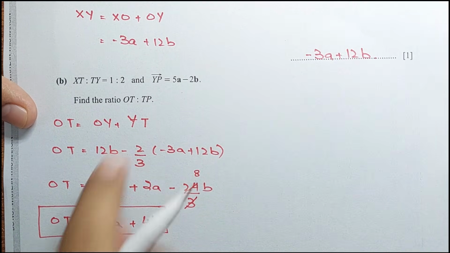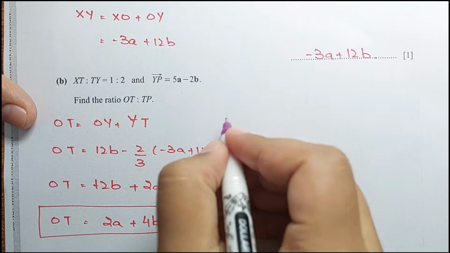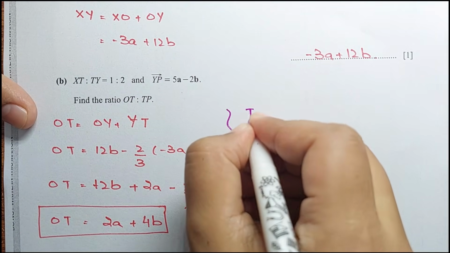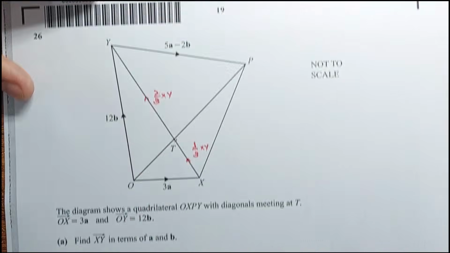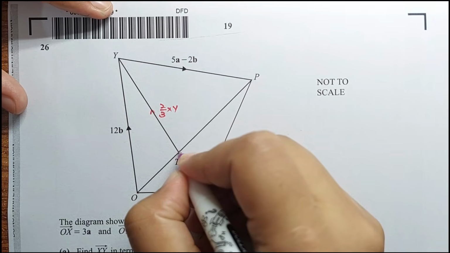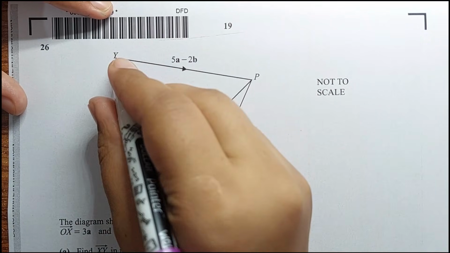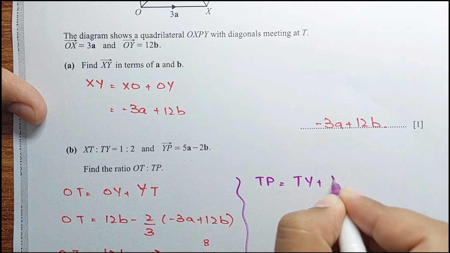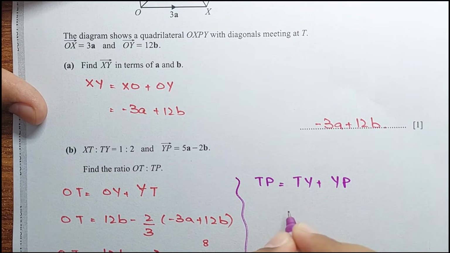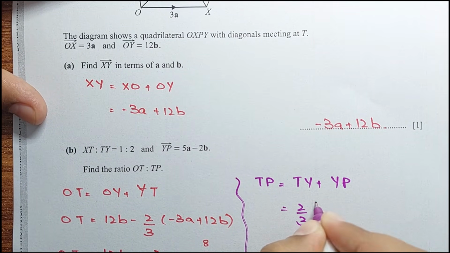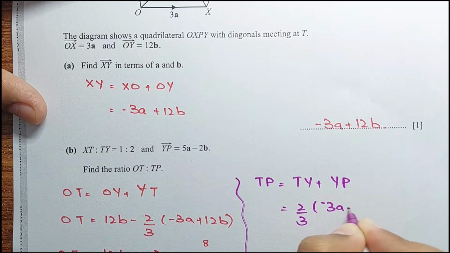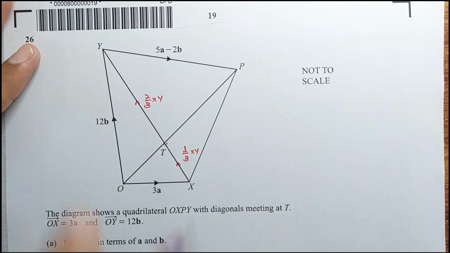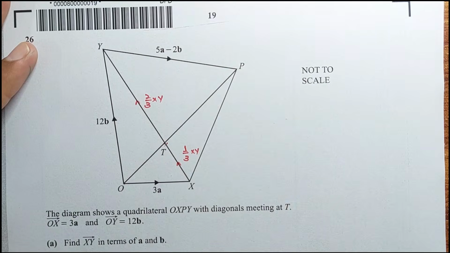Let me work on TP. Alright, so T to P, here is TP. We move T to P is T to Y and then YP. TY, YP. T to Y is 2 by 3 of XY and YP is 5a minus 2b.